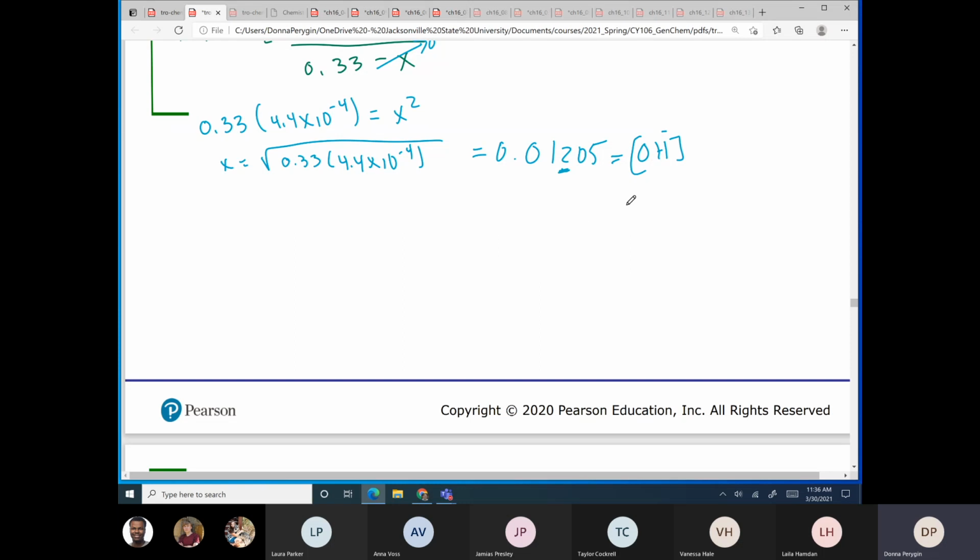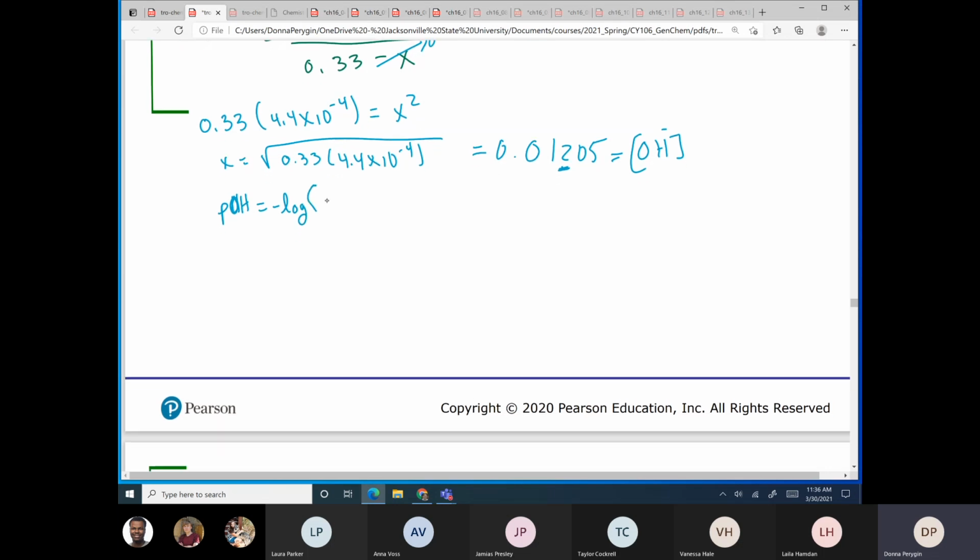I could either say that hydroxide ion concentration times hydronium ion concentration is equal to Kw, or I can just find the pOH, which is equal to negative log of the hydroxide ion concentration, which is equal to negative log of 0.01205, which is equal to 1.919.